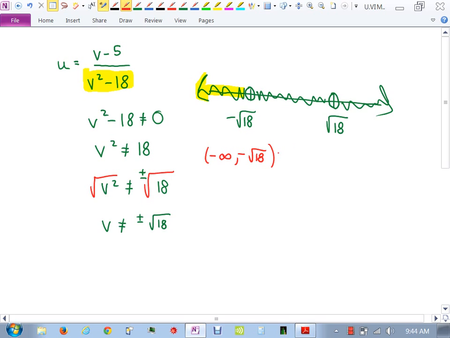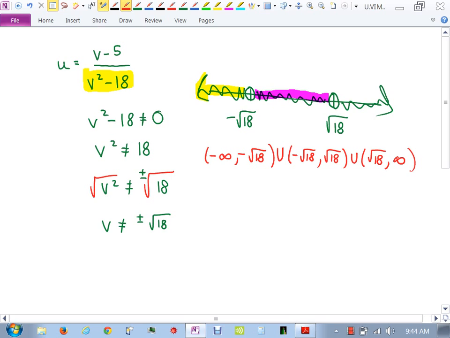Then we use the union symbol, everything past negative root 18 on. So I say parenthesis negative root 18, all the way till I get to where? All the way till I get to positive root 18. So parenthesis again. And then union, last one, root 18 to infinity.